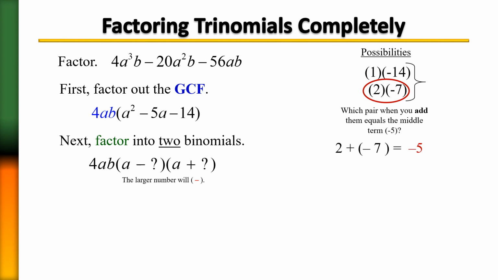And so we're going to factor that, and it's going to go in the back of our GCF. So 4AB as my GCF times (A - 7)(A + 2). It can also be written as 4AB(A + 2)(A - 7), because recall, order does not matter.